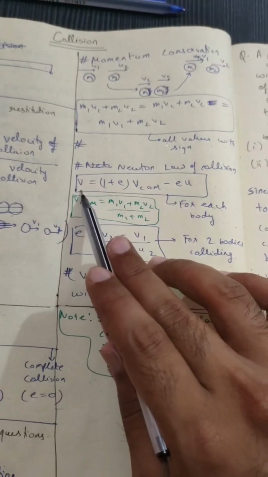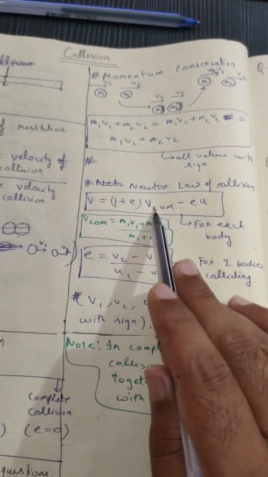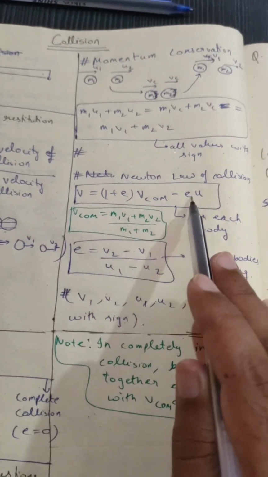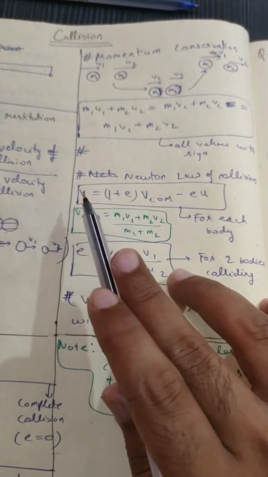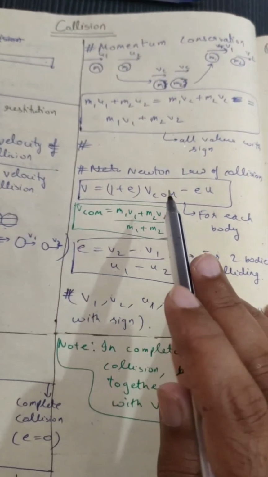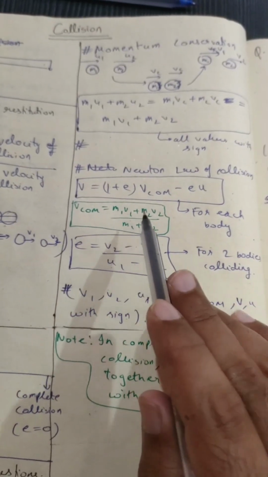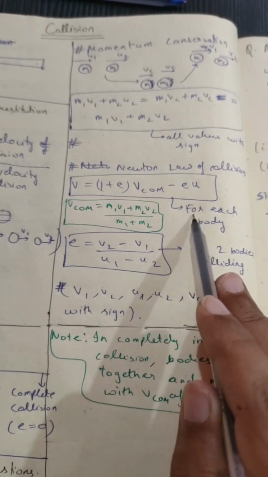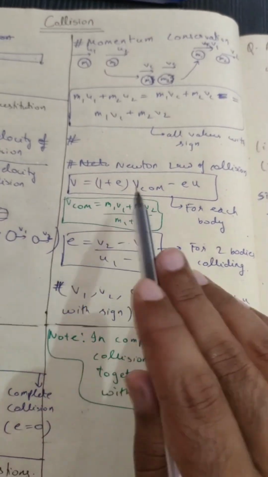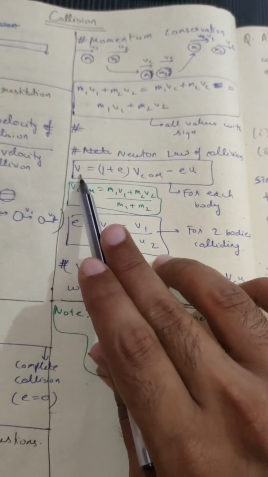For each ball, the velocity v will be equal to (1 plus e) times VCOM minus u, where e is the coefficient of restitution, v is the final velocity of each ball, and VCOM is the center of mass velocity, equal to m1 v1 plus m2 v2 upon m1 plus m2. This is applied on each body having initial velocity u and final velocity v.